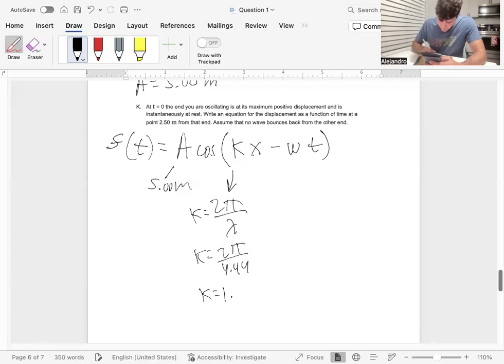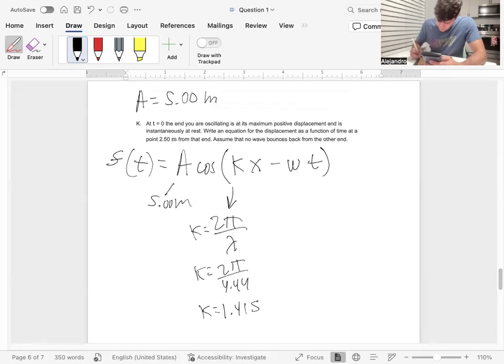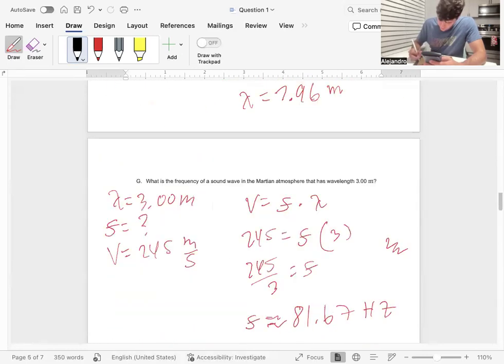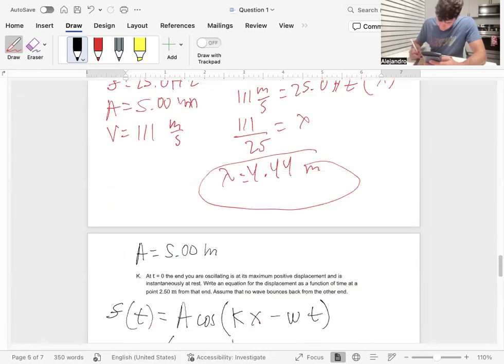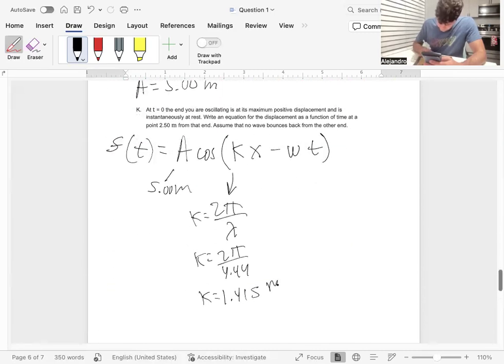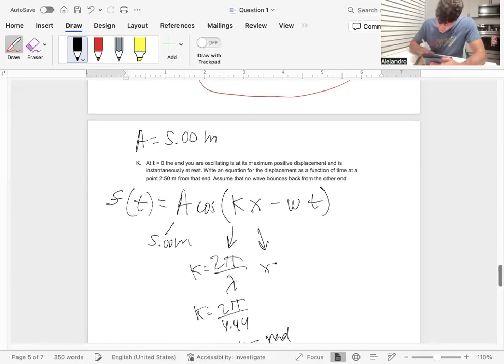It will be roughly 1 point something. Okay, the point is given to us. It's going to be 2.50.